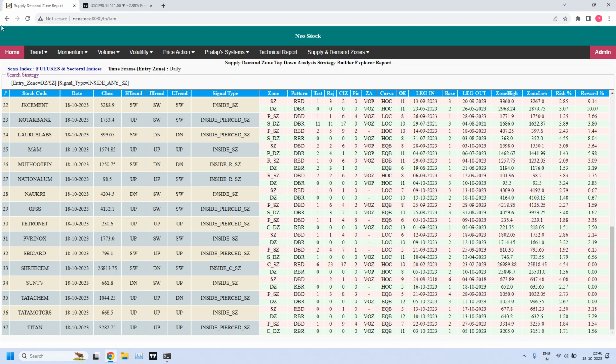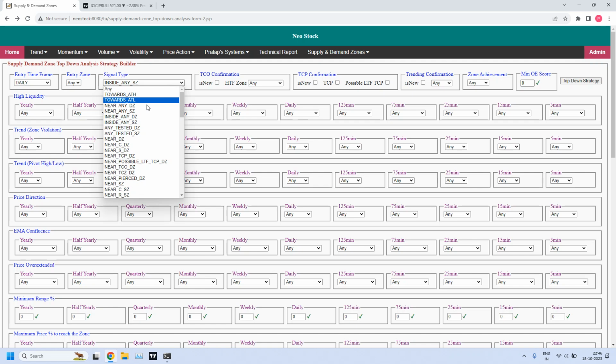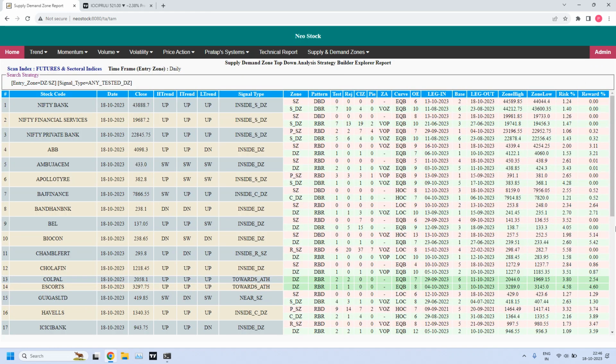Okay, let's go back and find the tested zones. Entry time frame daily. Let us find the tested demand zones. So these are the tested daily demand zones.